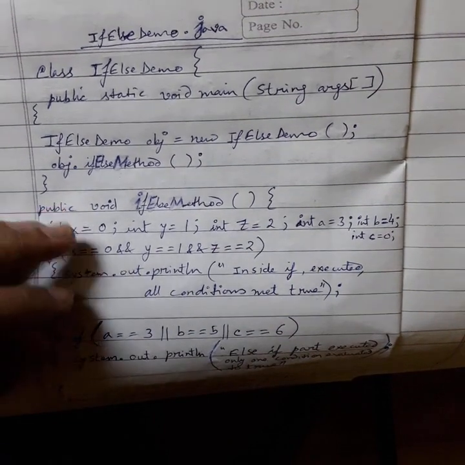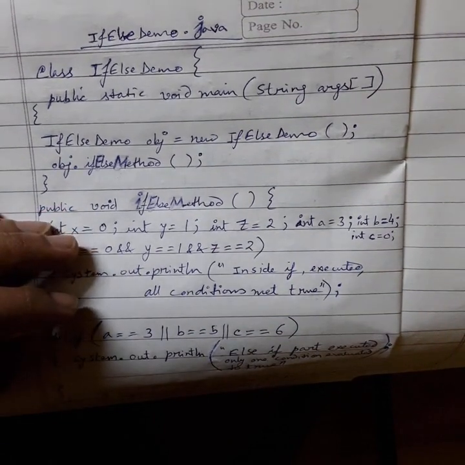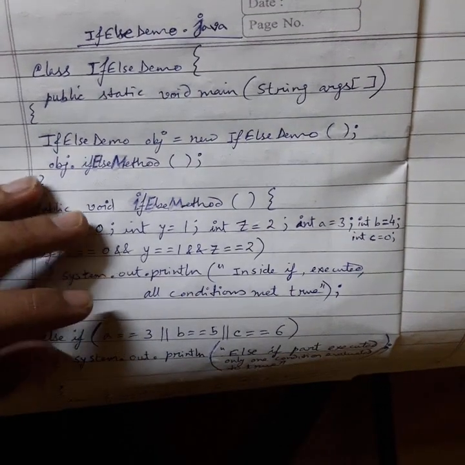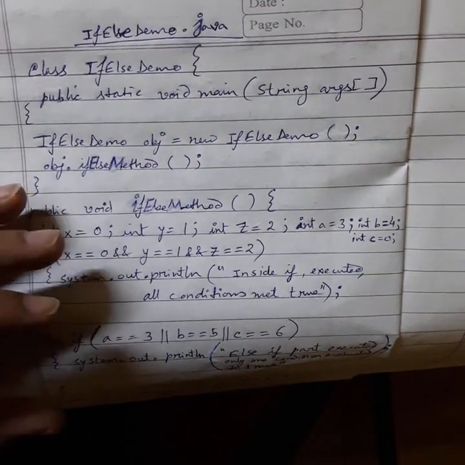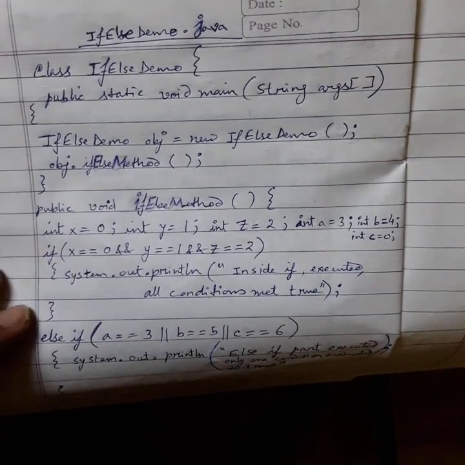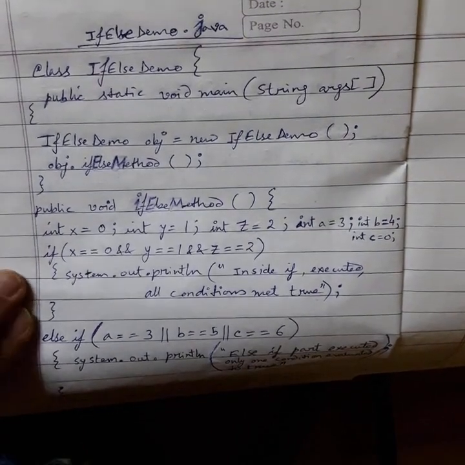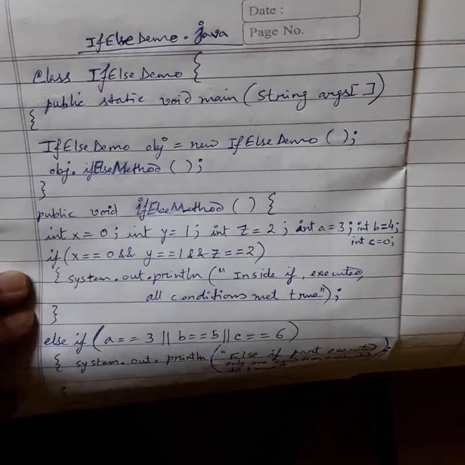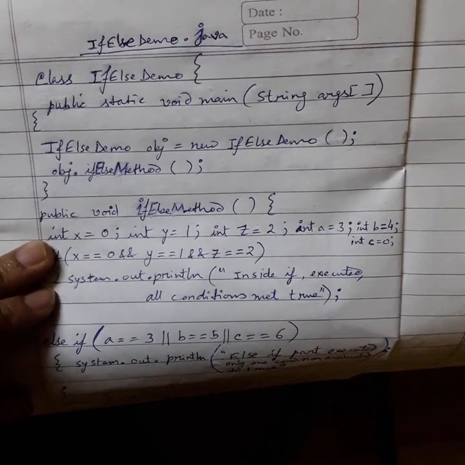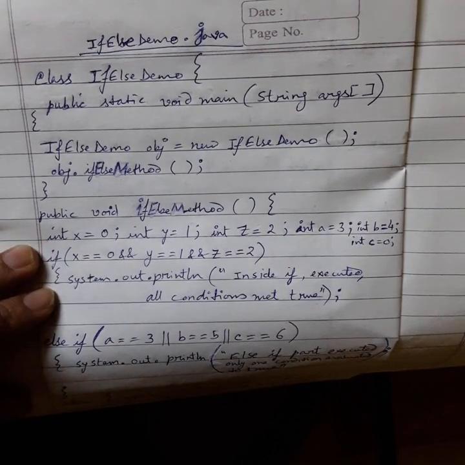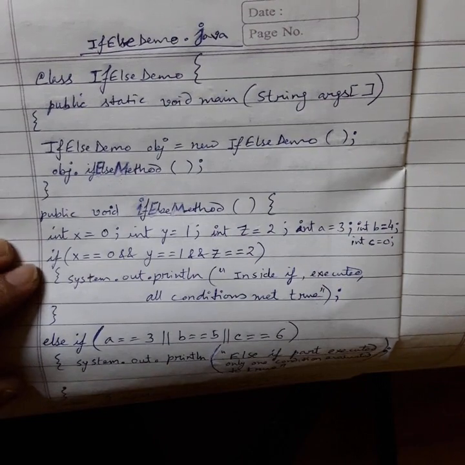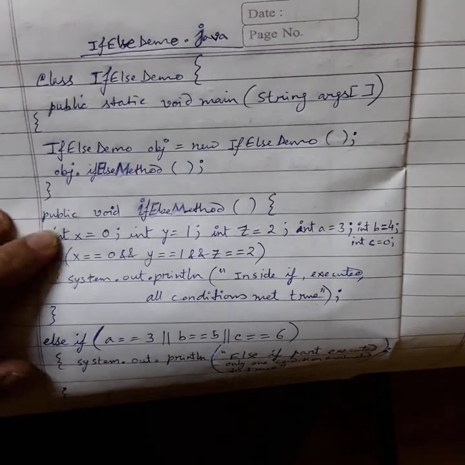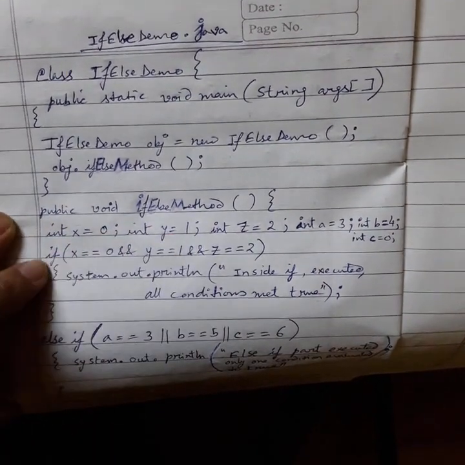So the scope of variables declared and initialized in a method is restricted to that method only, unless they are declared static and made a part of the entire class. Okay, so these are called local variables.